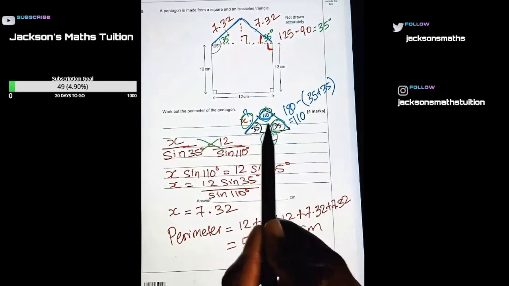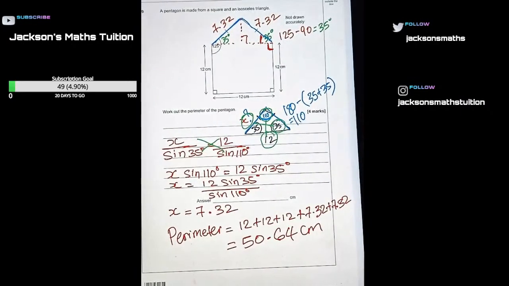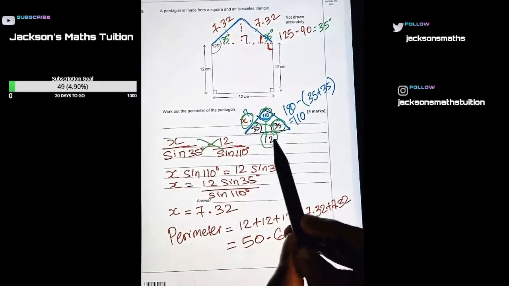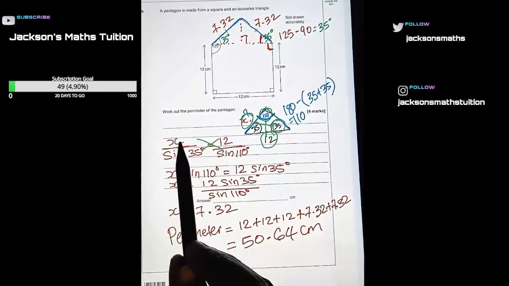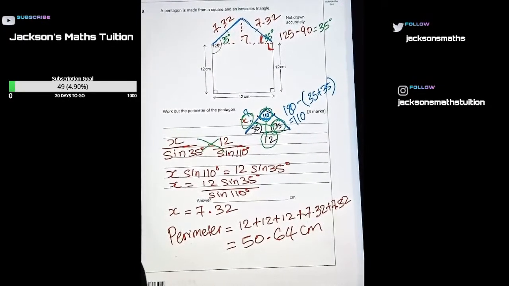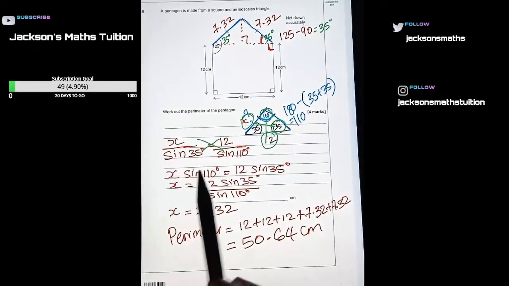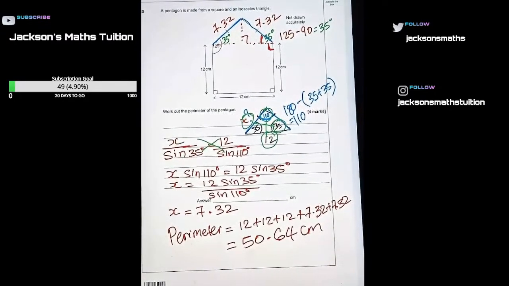So you do opposite side with opposite angle. Now, because we're finding the missing side, we put the x at the top. But if we were doing the missing angle, then you'd put sine 35, sine 110 at the top. So you could work with them interchangeably.